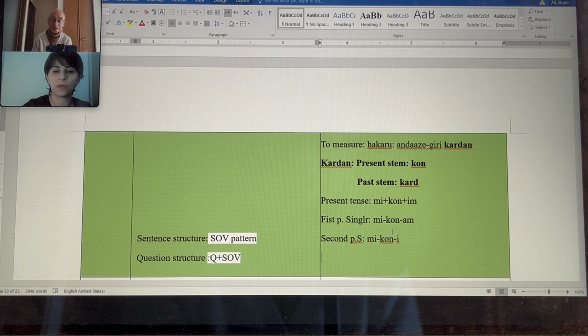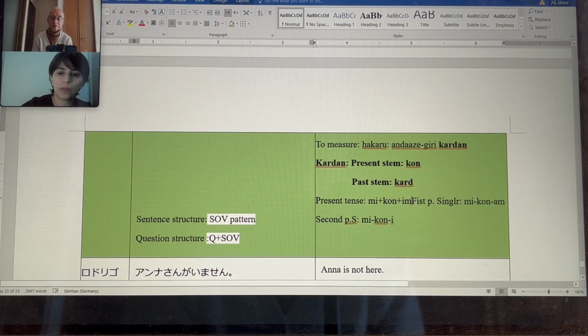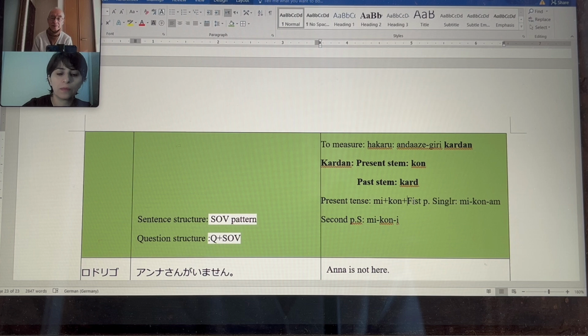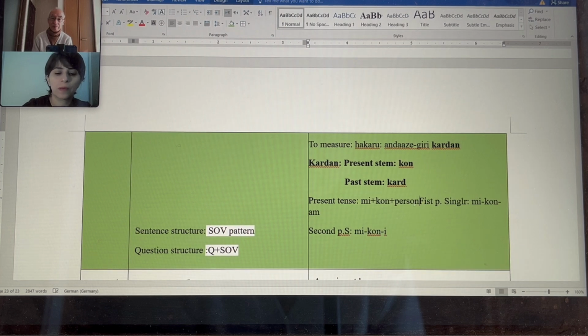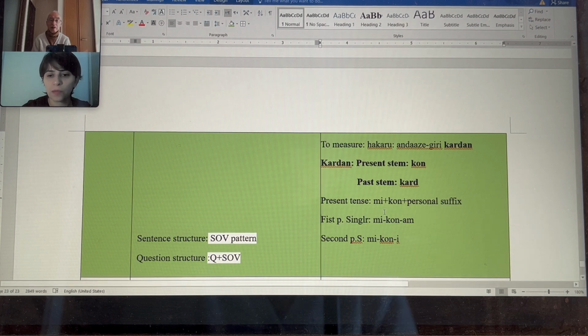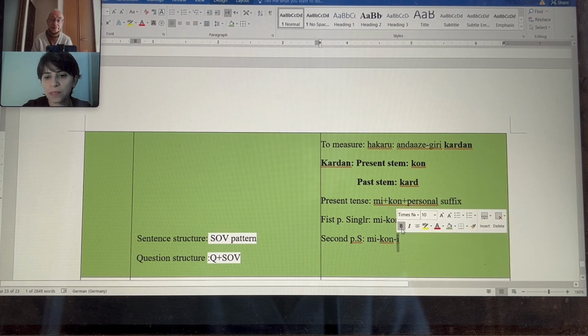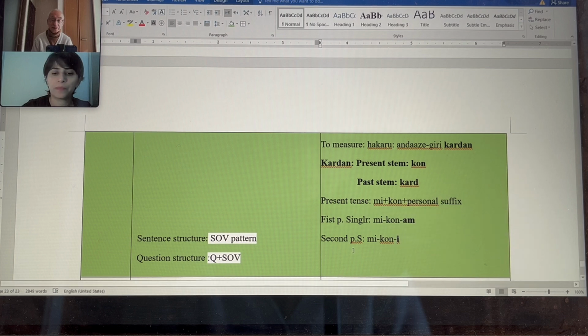So mi plus kon plus personal suffix. For the first person singular, the personal suffix is am. Second person singular is i.